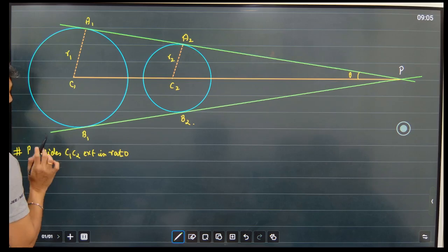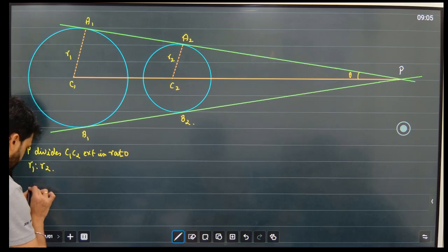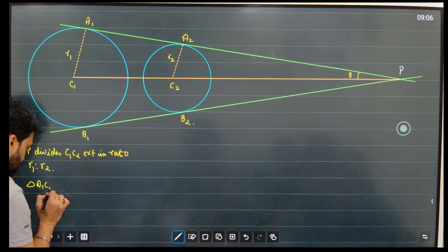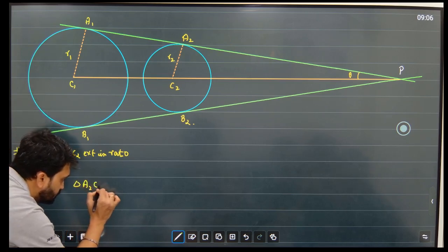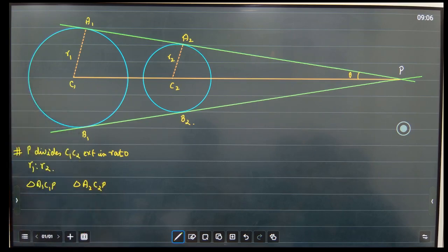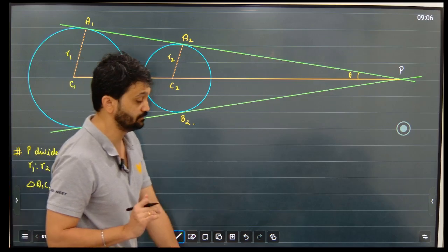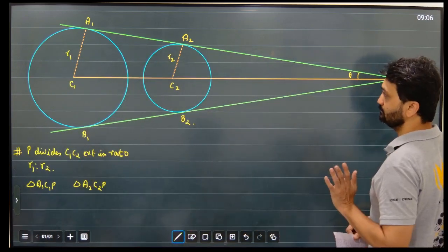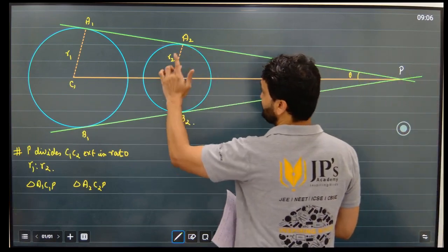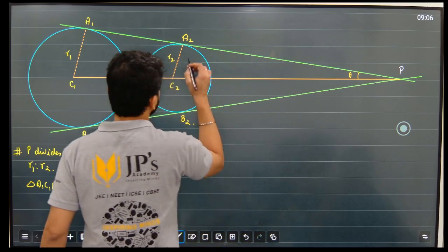Look at triangle A1 C1 P and look at triangle A2 C2 P. Can I say that they are similar? They are similar triangles, because first of all, point P is common. And this is 90 degrees, if you remember, because it's a tangent.